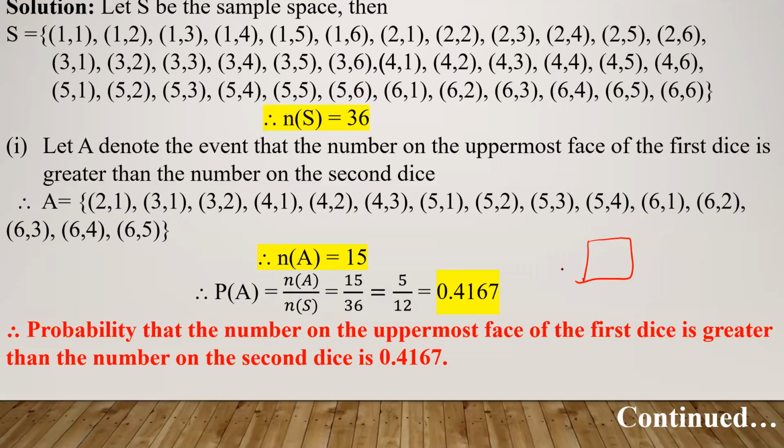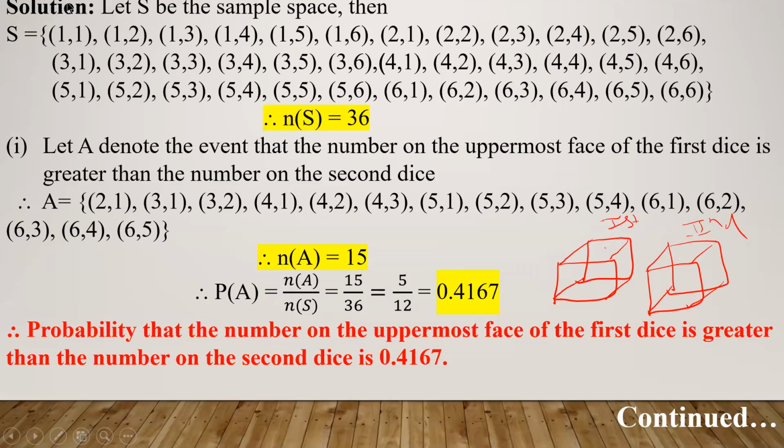If I throw two dice, then the number which is coming on the uppermost face, here, this is the first dice and this is the second one. The number on the first dice is greater, greater meaning bigger, than the number on the second dice. That event I'm calling A.